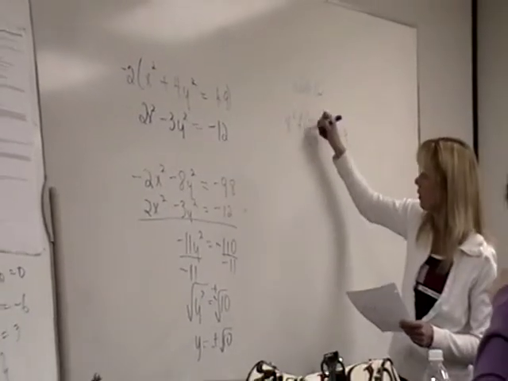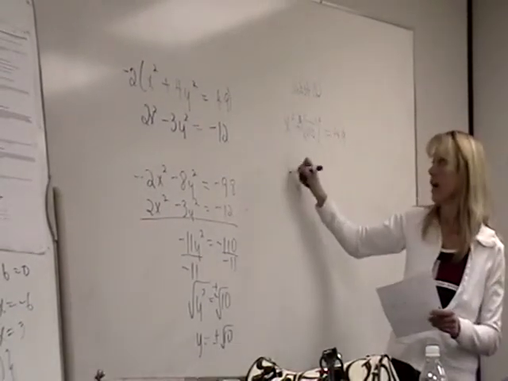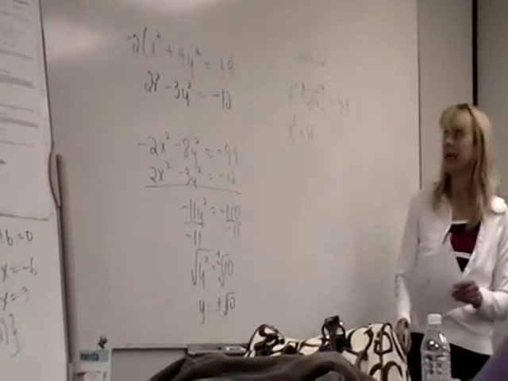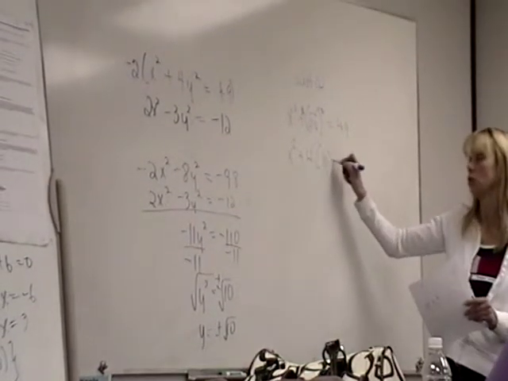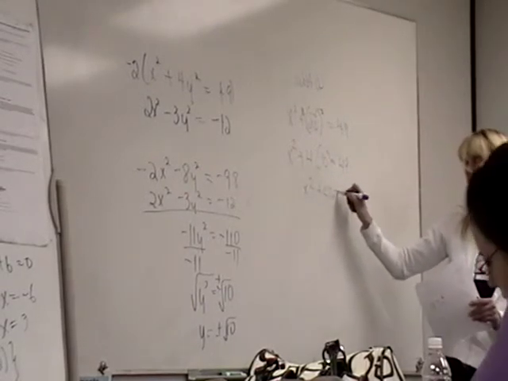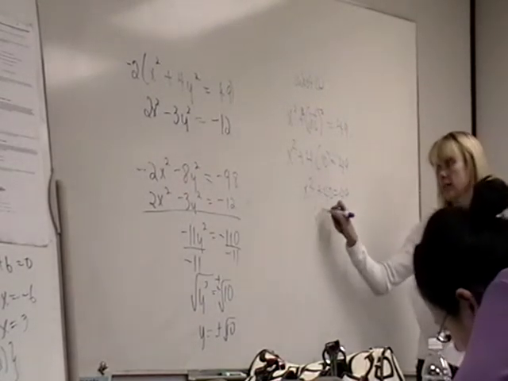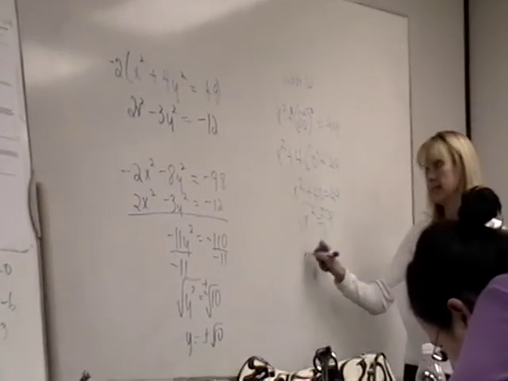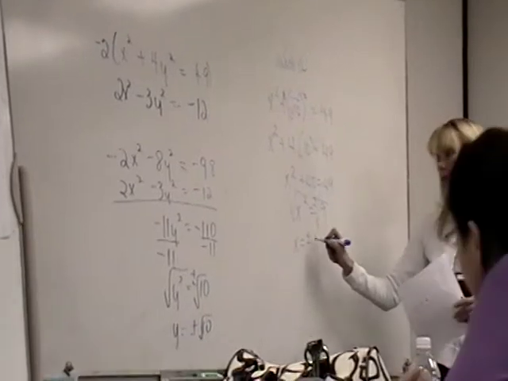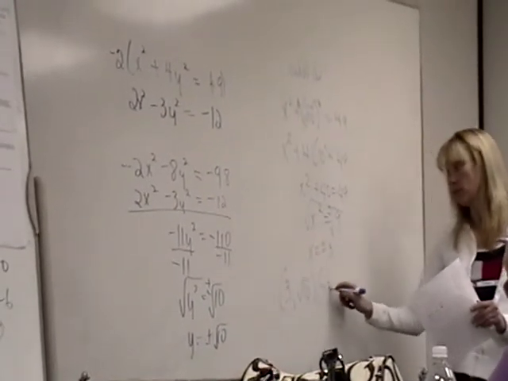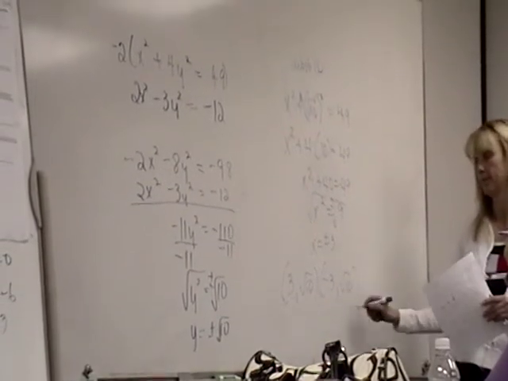That 4 is not squared, it's like that. So you get x squared plus 4, squaring a square root cancels it out, so that gives you 10, equals 49. That's x squared plus 40 equals 49, subtract it, and you get 9, square root it, two answers, plus or minus, x equals plus or minus 3. So you get 3 and root 10, and -3 and root 10.